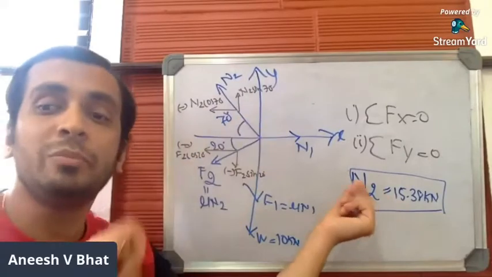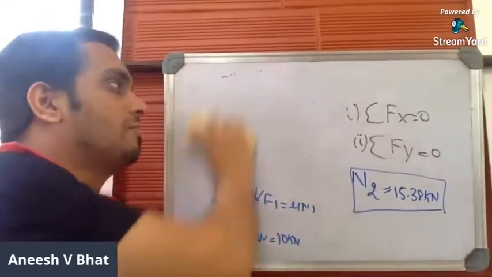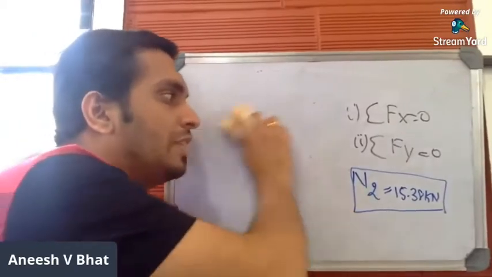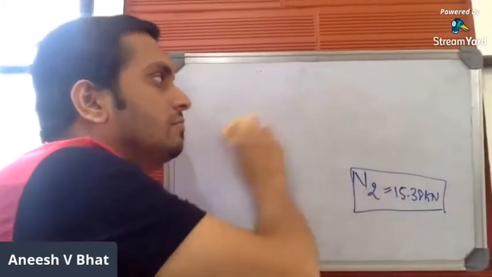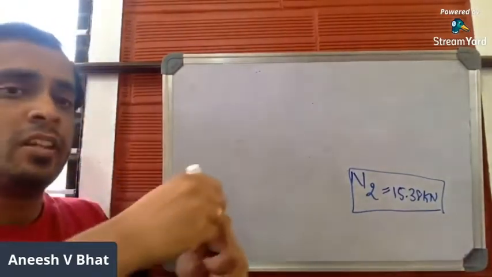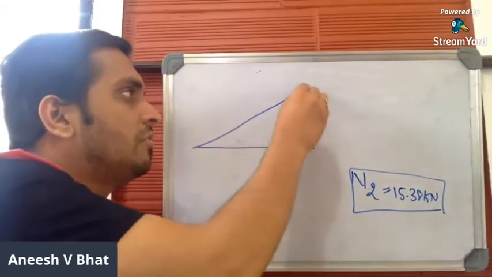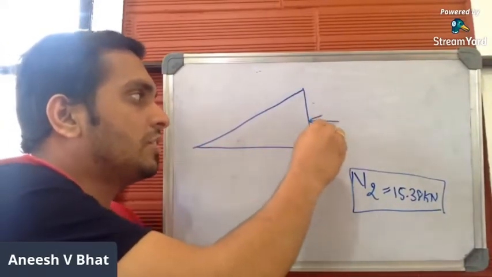Now let us go with step number 3. In step number 3, you are supposed to consider only the wedge and draw the free body diagram of the wedge. The wedge is triangular, as you know, and you have an external force P as well.